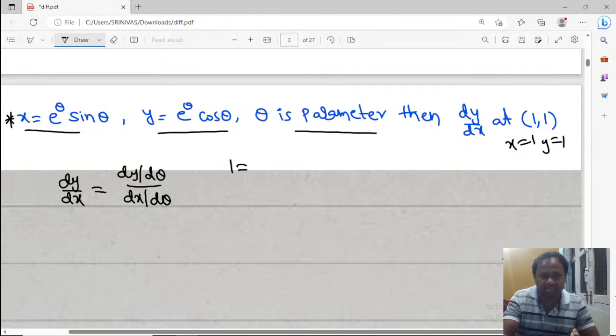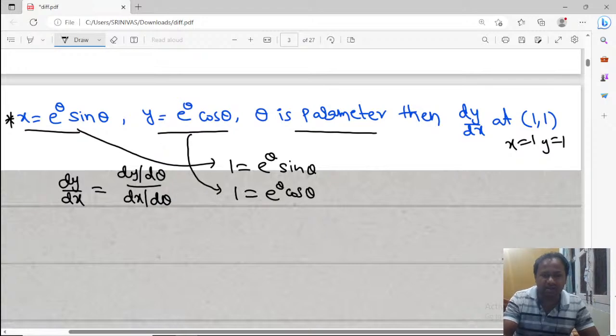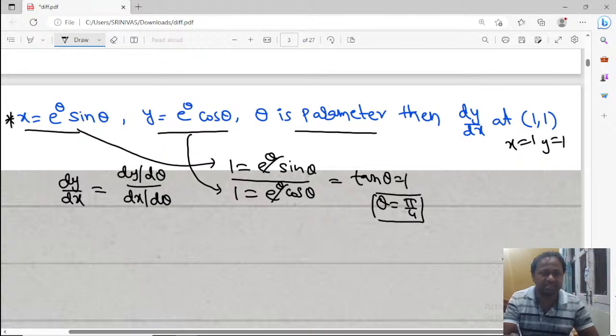So 1 is equal to e power theta into sin theta, and from the other, 1 is equal to e power theta into cos theta. Now divide these two. E power theta cancels. Tan theta is equal to 1. Theta is equal to pi by 4. Remember this. Substitute here.